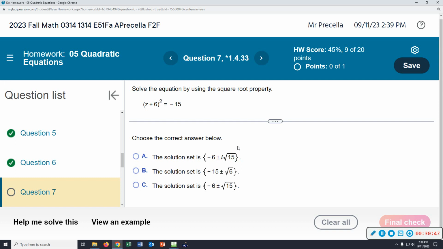Z plus 6 squared equals negative 15. Z plus 6 squared is equal to negative 15.